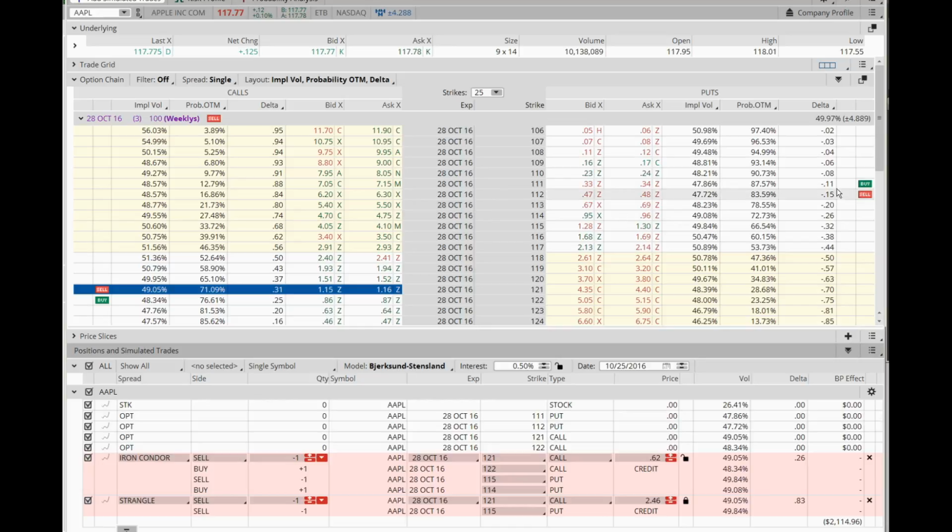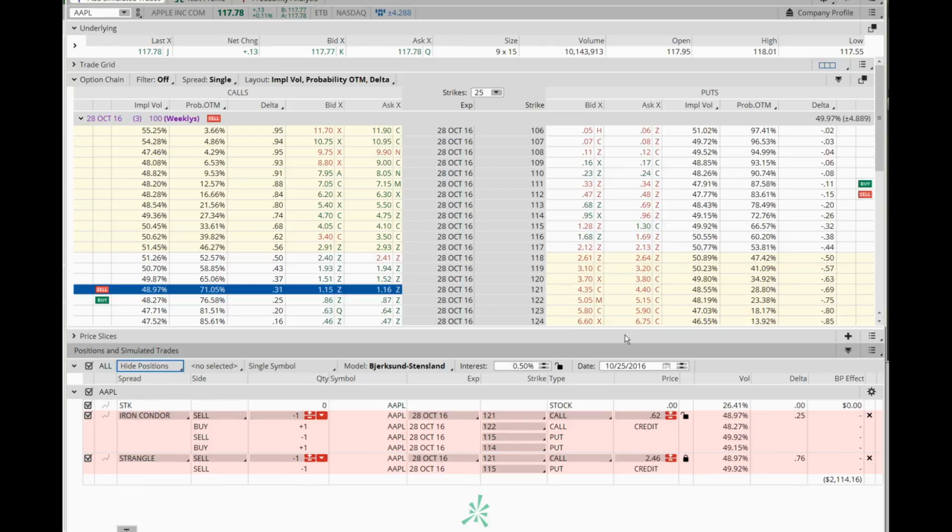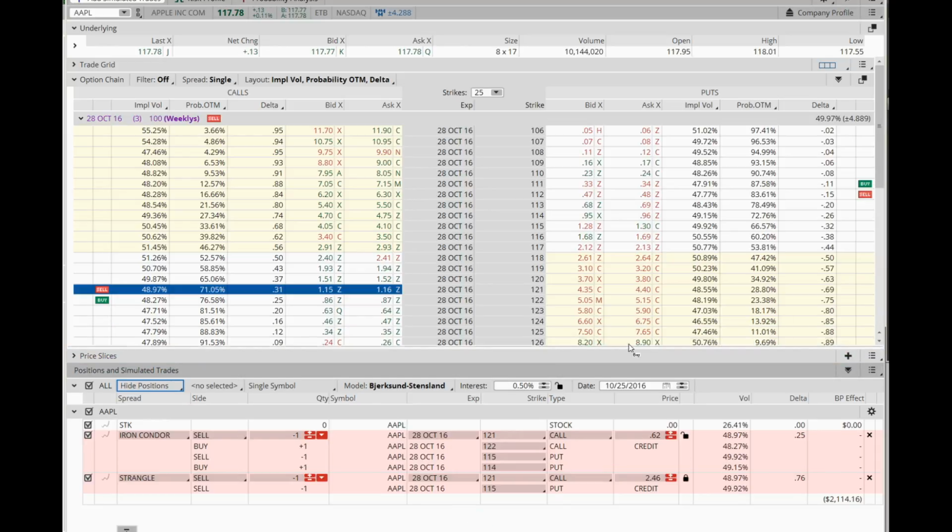Any questions now? As you notice, Thomas, why is it lopsided? The call side, the short call is nearer. The short put is further away. It is because option premium prices it that way. It's not priced for the market. Remember when I say price it that way, it means there's a probability for it to go down. So yes, if you base on dollar value, the chance for it to go down is much higher than the possibility for it to go up, or vice versa.